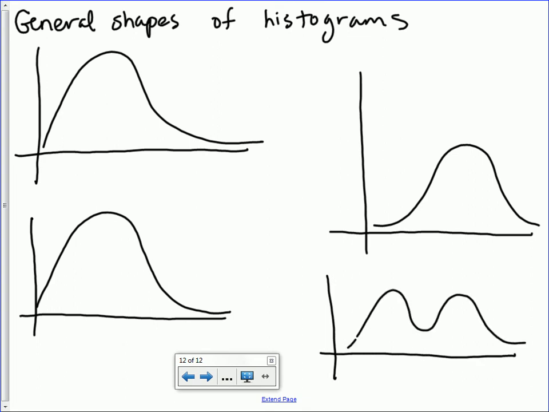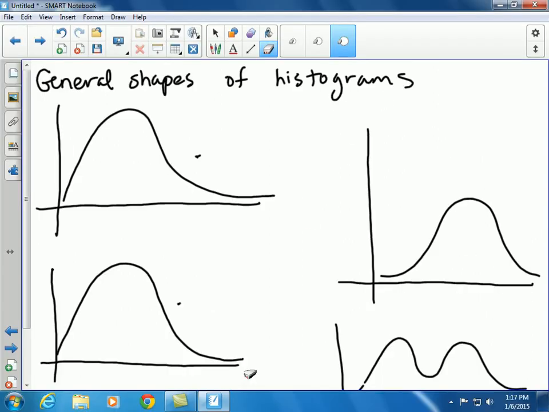Sometimes they look like that. All of those are different. I really should not have made this one and this one look alike. So just a minute here, and I will get my eraser out and fix this because that's real bad.